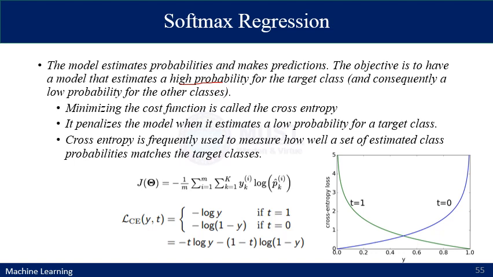It penalizes the model when it estimates a low probability for a target class. Cross entropy is frequently used to measure how well the set of estimated class probabilities matches the target classes. So you can measure the cost over the number of classes and over the training examples.